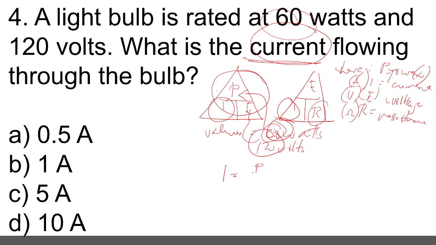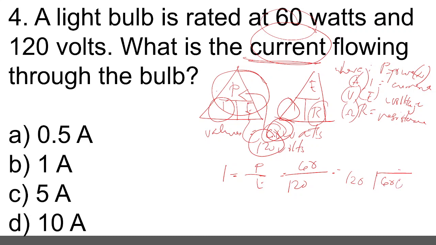I is equal to P over E, right? Where P is 60 and E is 120. We know, as I showed you, what is on top goes inside and what is on the bottom goes outside. 60 and 120. You can't have 120 from 60.